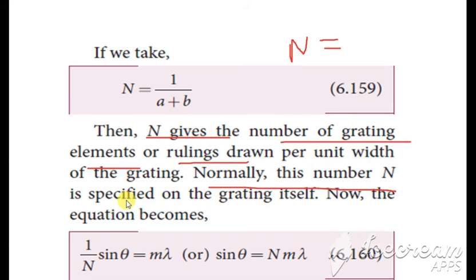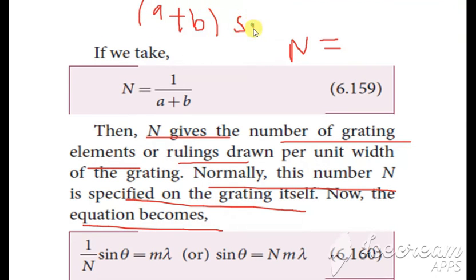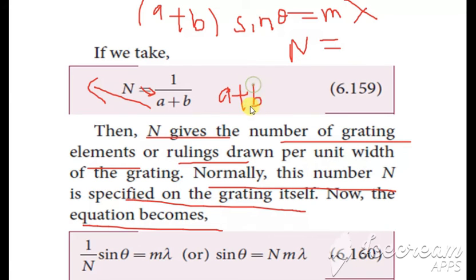Normally this number N is specified by the grating itself. The equation we know is a plus b into sine theta is equal to m into lambda. Now a plus b, you bring to this side, so we get a plus b is equal to 1 divided by N.